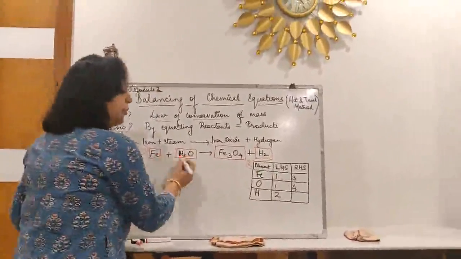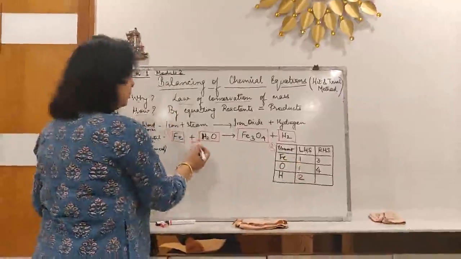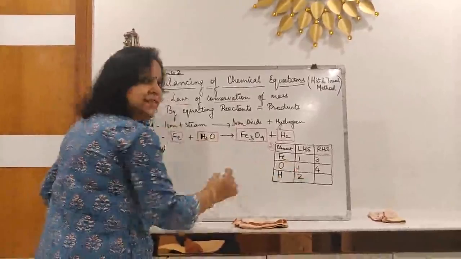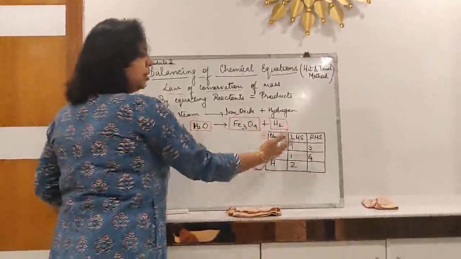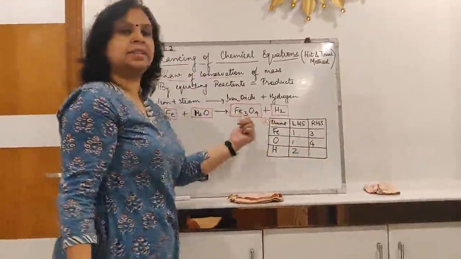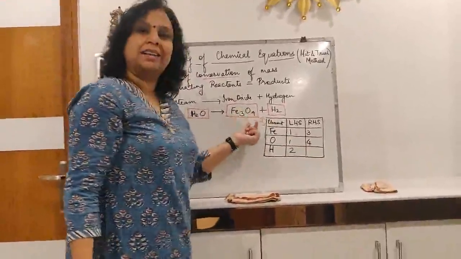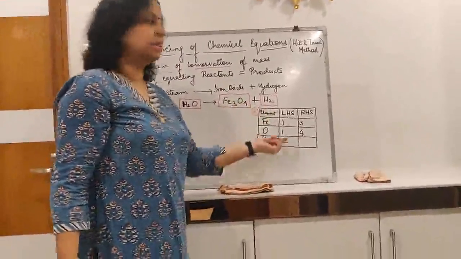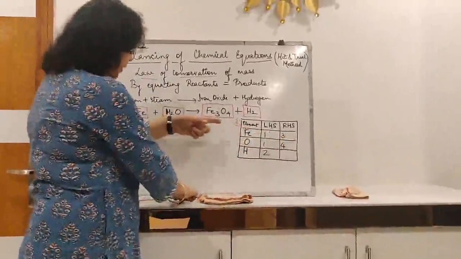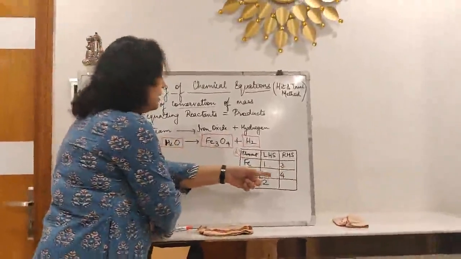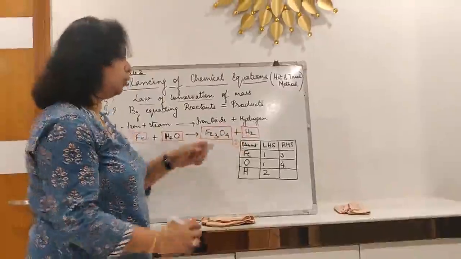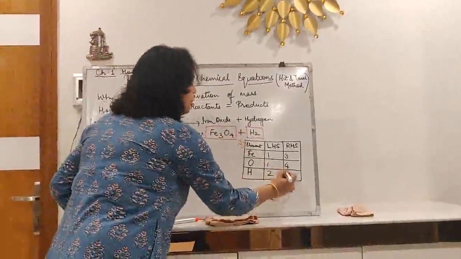Like Fe, only one is there, H, 2 are there, O, 1 is there, and similarly on the next column, the right hand side, we write the number of atoms of these elements. Like there are 3 atoms of iron, 4 atoms of oxygen and 2 atoms of hydrogen.